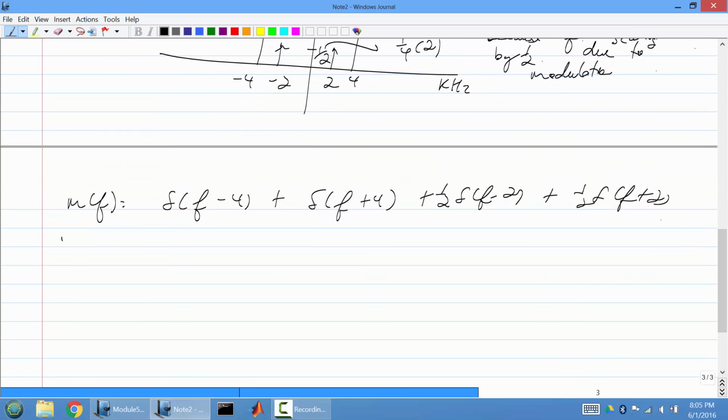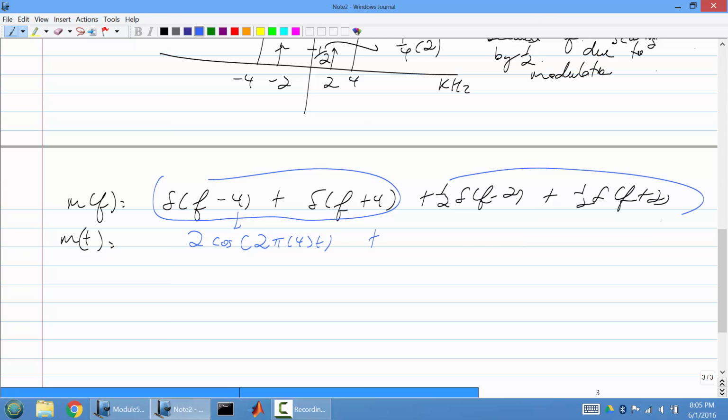So m of t: these two together make 2 cosine 2 pi 4t, or 8, and then this here is cos of 2 pi 2t. So this becomes 2 cosine 8 pi t plus cosine 4 pi t.